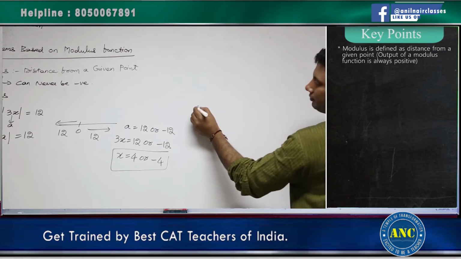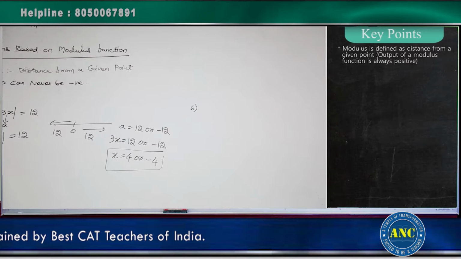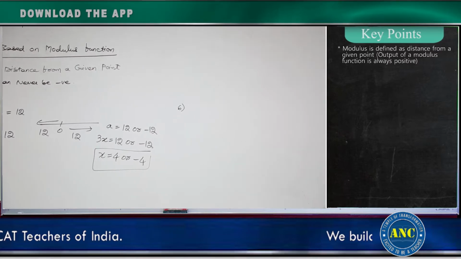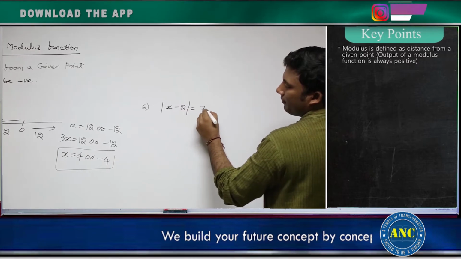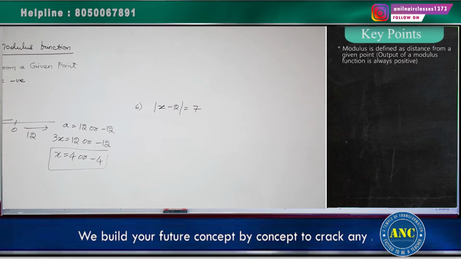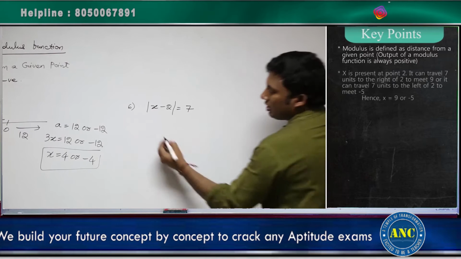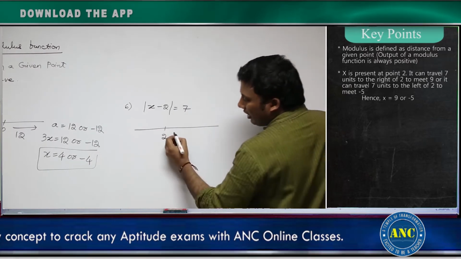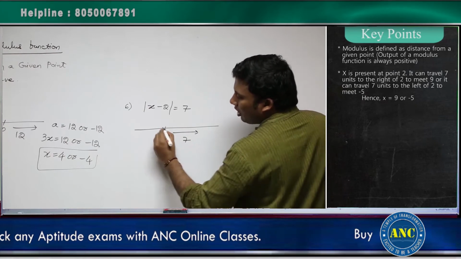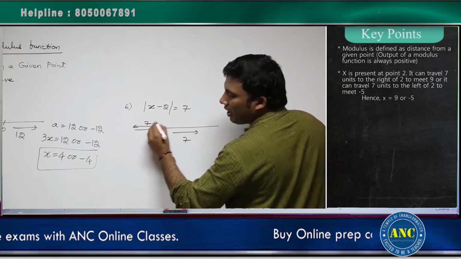Sixth one. Mod x minus 2 equivalent to 7. That means x is there at a critical point 2. It travels 7 units forward or it travels 7 units backward.